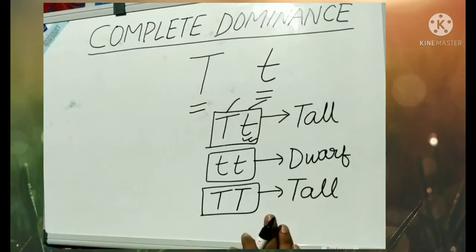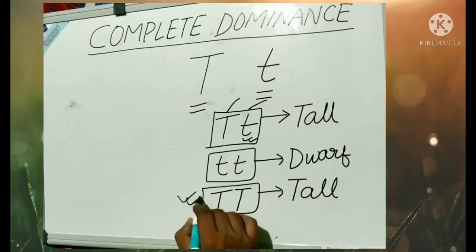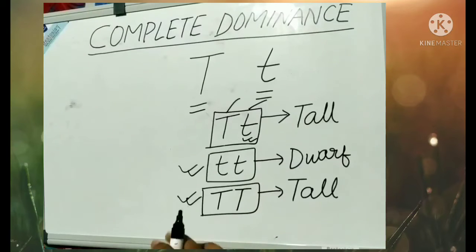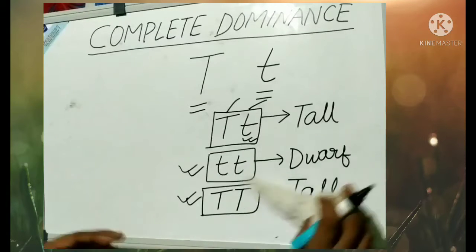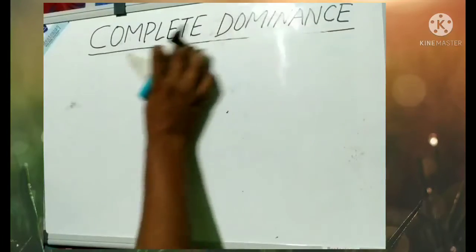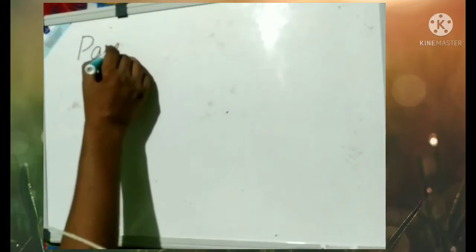Is it clear? Now we will make a monohybrid cross between a pure tall and a pure dwarf pea plant. Okay, so let's start. Here we select parents.